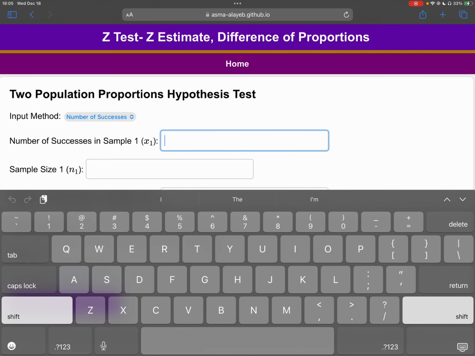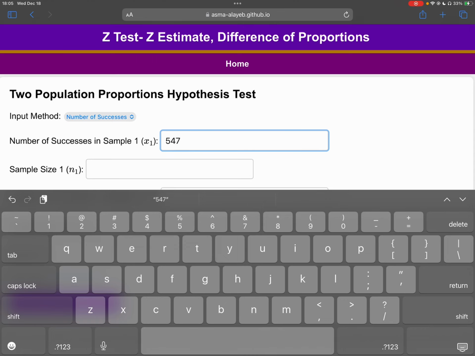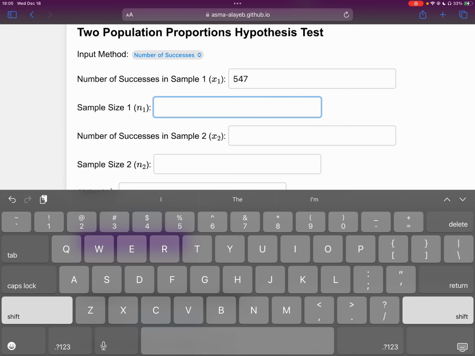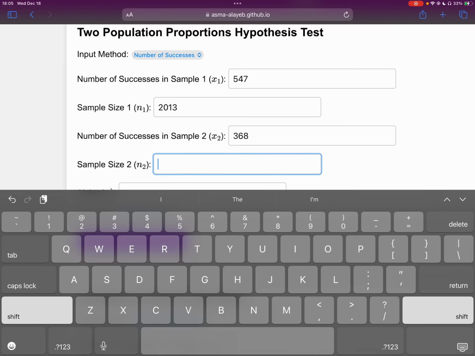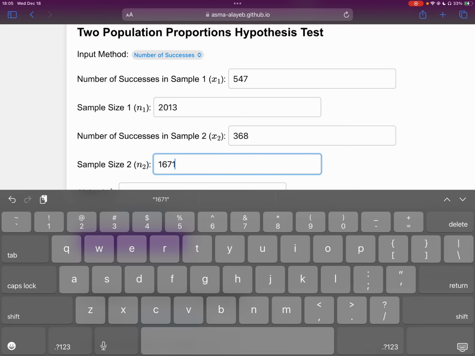So the number of successes for group 1 is the 547 patients that got a headache. And the sample size for that first group was 2013. The number of successes in group 2 is 368. And the sample size of that group was 1,671.